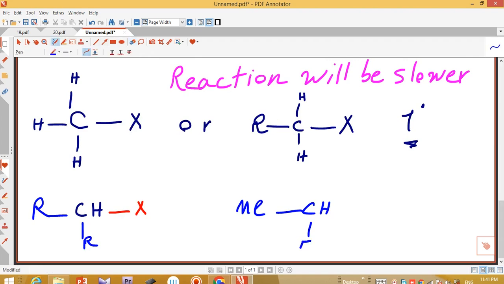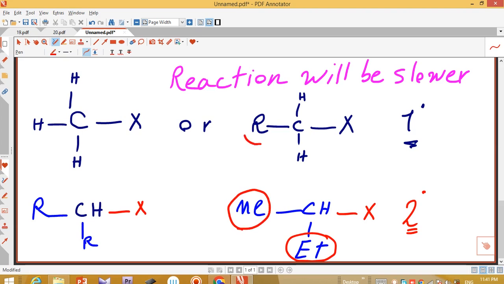For example, you can see we have CHX, CX, for example a halide or something like that. You can see we have methyl and ethyl. Both methyl and ethyl have carbon. So two alkyl groups or two carbons, it doesn't matter. For example, this group has two carbons connected to CHX. So this is type 2.